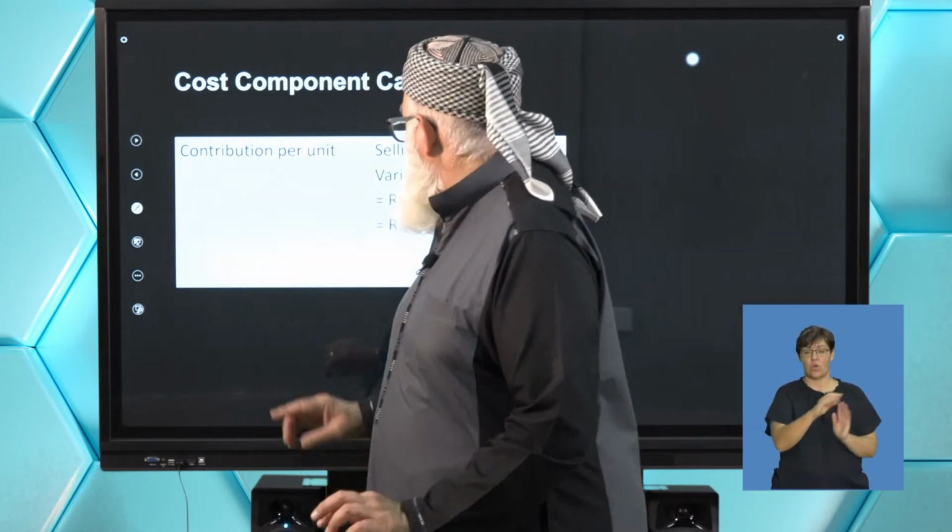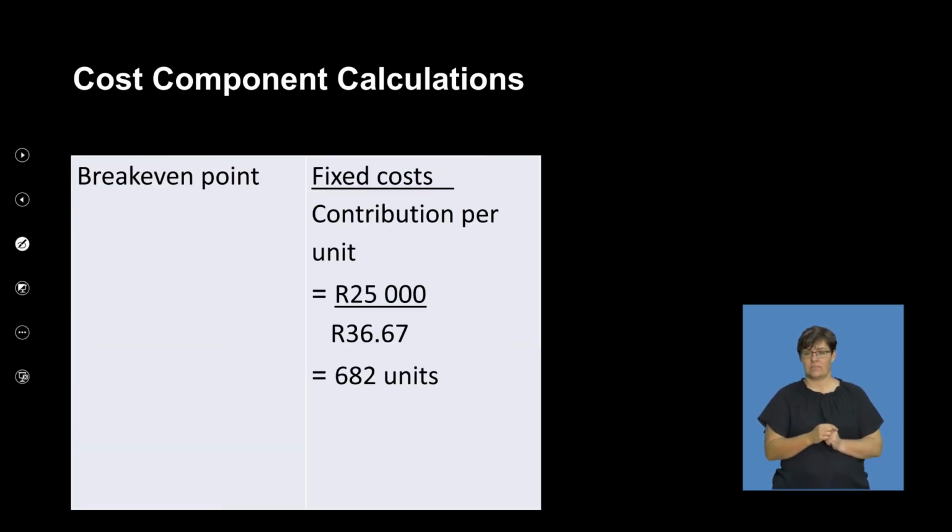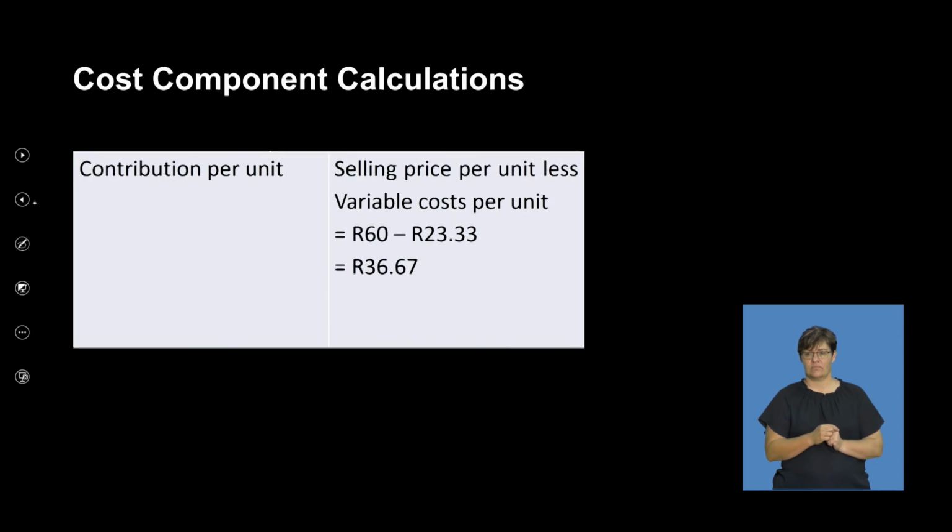So here we go. Our contribution per unit is your selling price per unit, which was 60 Rand, minus your variable cost per unit, which was 23 Rand and 33 cents, and it gave you a contribution per unit of 36.67. Now, where do we use this contribution per unit?